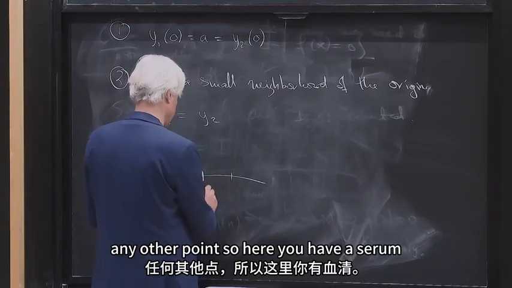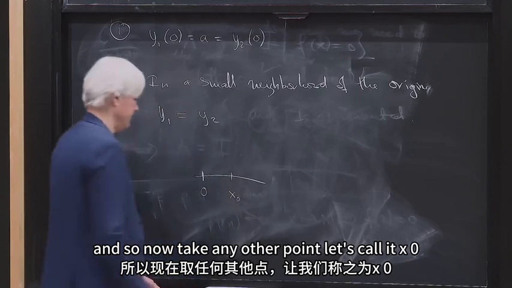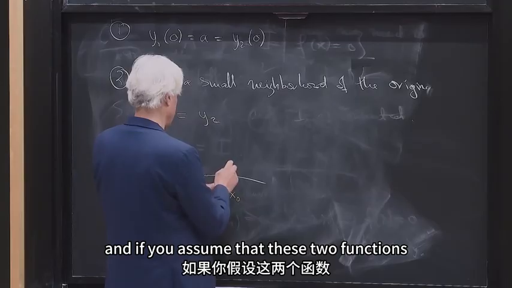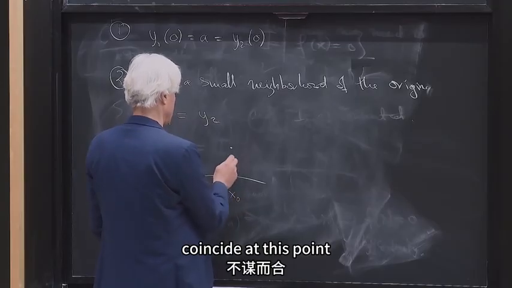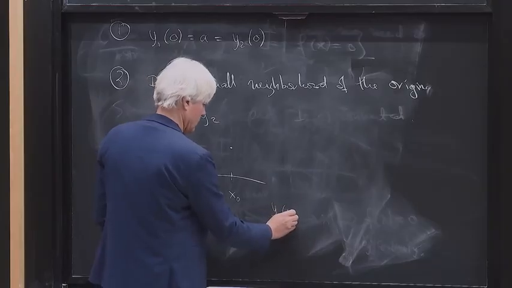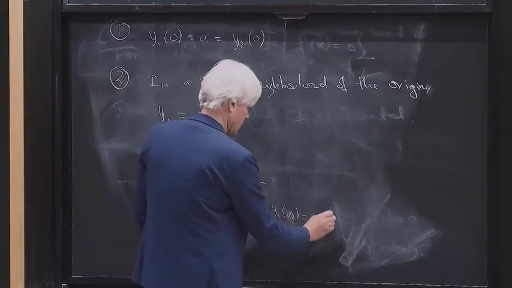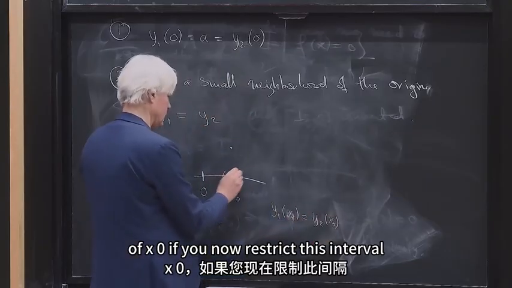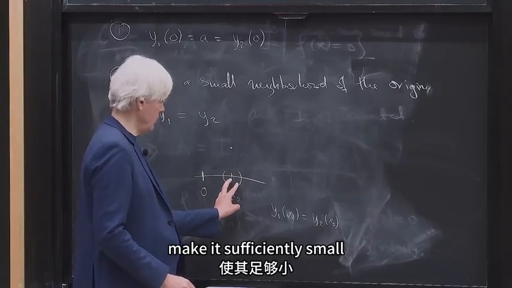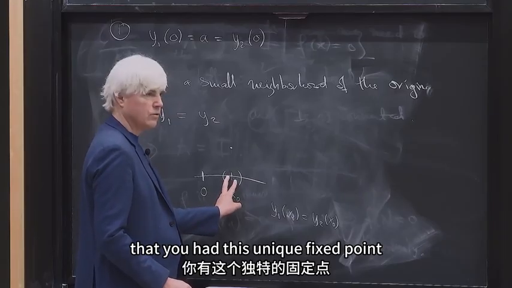So here you have 0. Now take any other point, let's call it x0. If you assume that these two functions coincide at this point, so suppose that y1 of x0 is equal to y2 of x0, and you now restrict the interval and make it sufficiently small, then the argument of Picard-Lindelöf tells you that you had a unique fixed point.